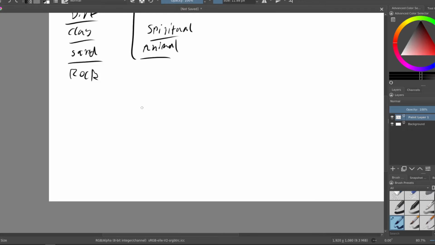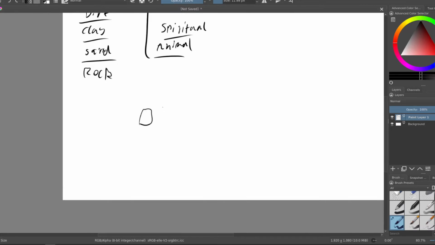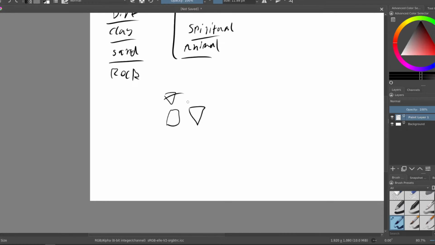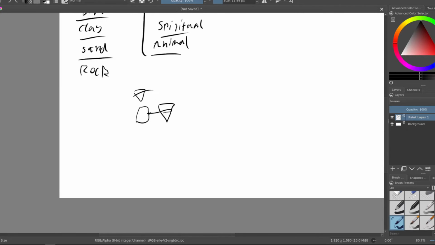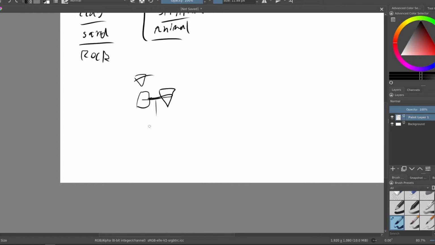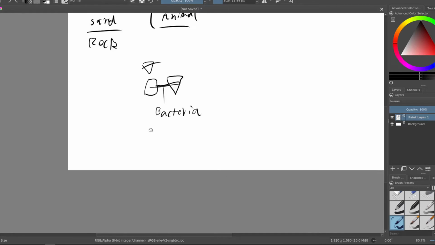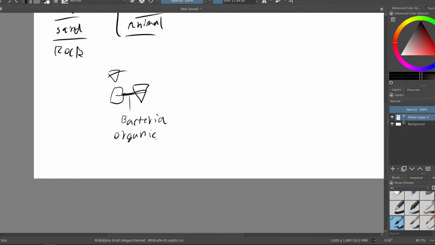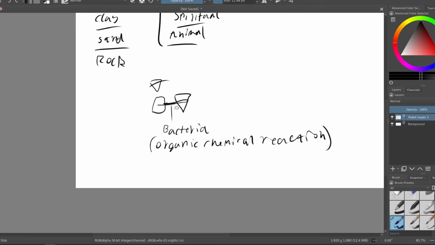Through the interaction between earth and water, symbol, earth and water, or you can use the downward triangle, whatever you want, through this interaction between these, we have in the middle the bacteria, which is kind of just like an organic chemical reaction, and in between it starts to form like a clay.